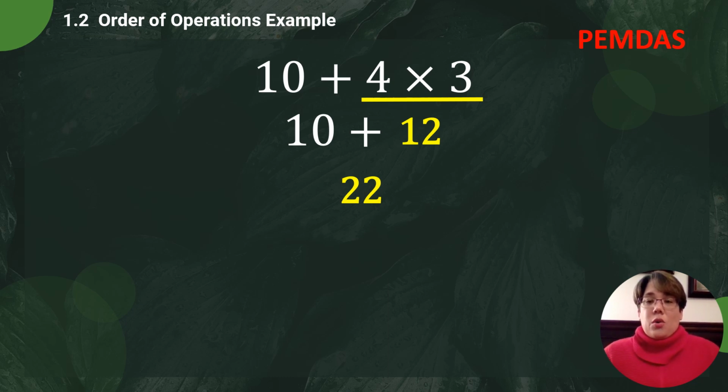And so I didn't have any more multiplication or division, which meant that I could go on to addition and subtraction. So my final answer in this case is 22. So this was a more simple problem that did not involve too many steps, but we're going to look at some problems that involve more steps. So let's look at another problem.